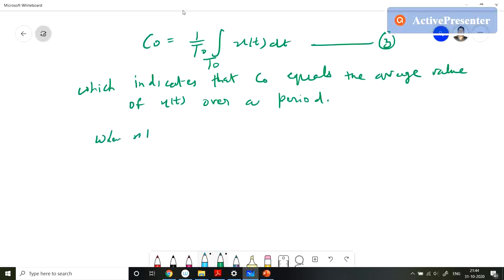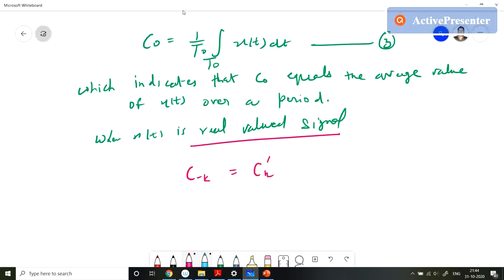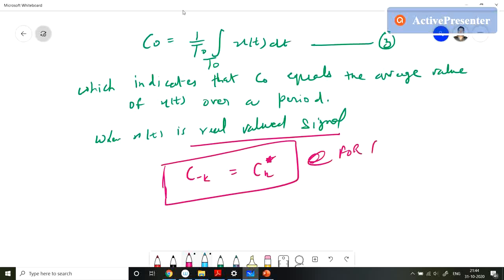Please understand that when x(t) is a real valued signal, then c minus k is equal to c_k conjugate. So for a real valued signal x(t), c_{-k} = c_k conjugate.